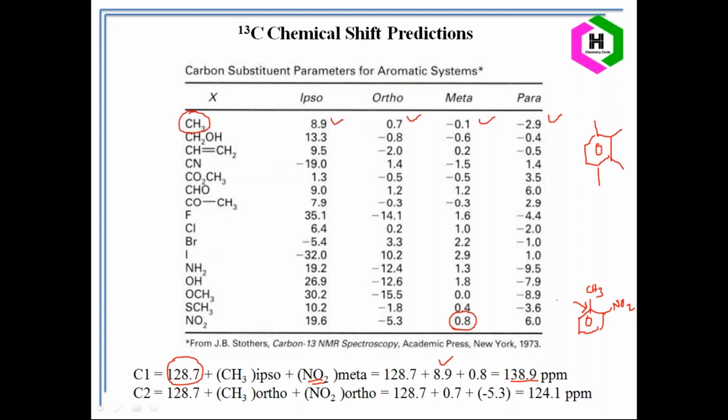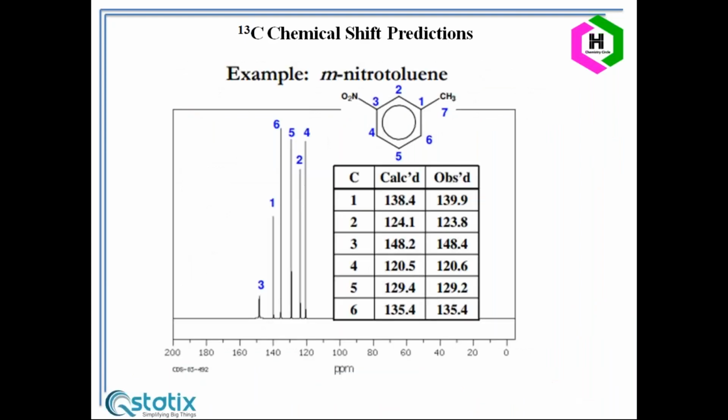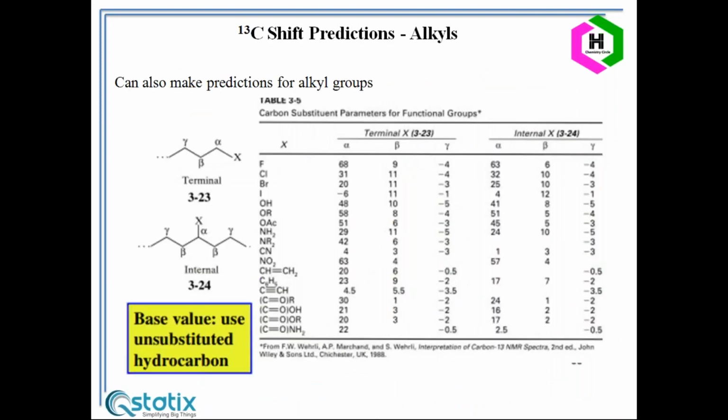If you look for the C2 carbon, you add the corresponding increments and get 124.1. Like that, there is a small method by which you can predict the chemical shifts, and this is not useful for your CSIR. This is one example, and you can predict the chemical shift values, calculated and then observed, using these methods.